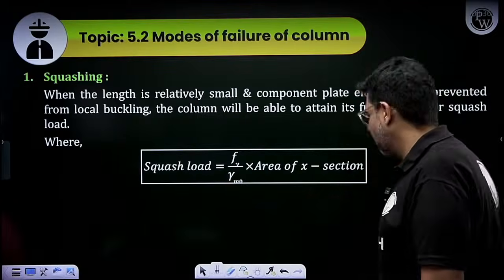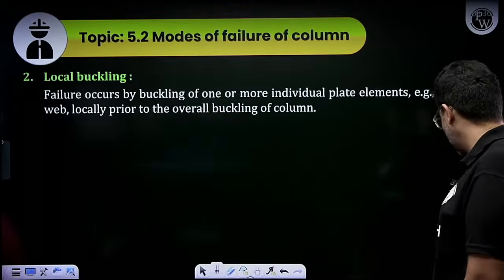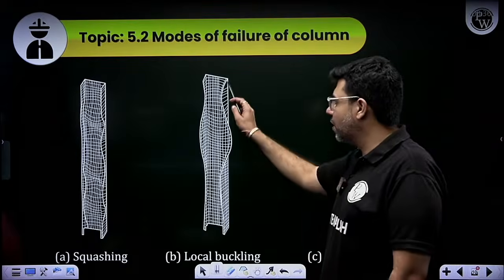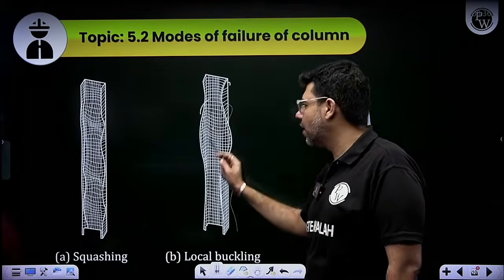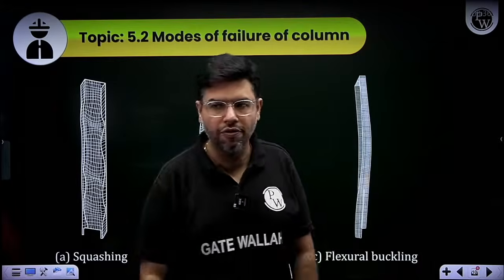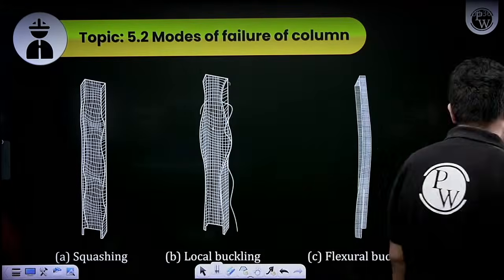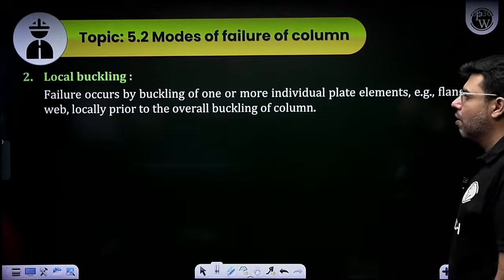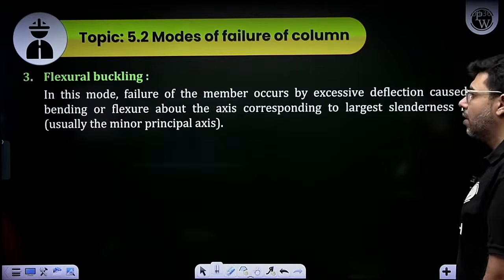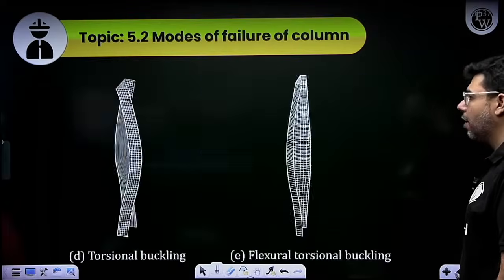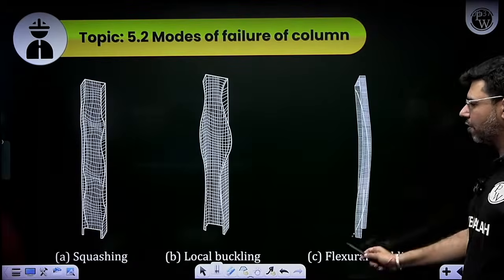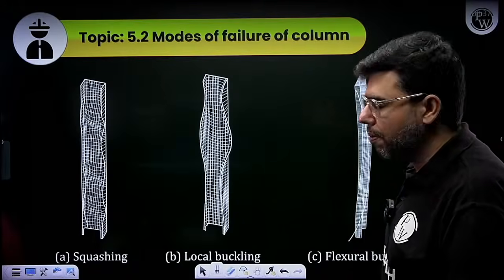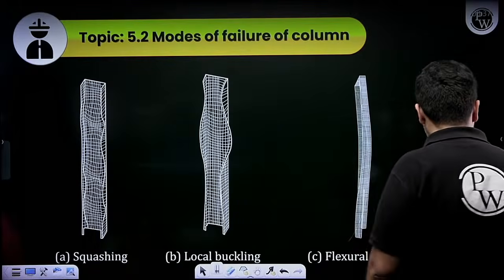Here local buckling will not occur. What happens in local buckling? The column fails locally, either the flanges or the web fail, but overall failure of the column has not taken place. It happens generally in thin sections. Then we have flexural buckling, in which the column bends about the minor principal axis.